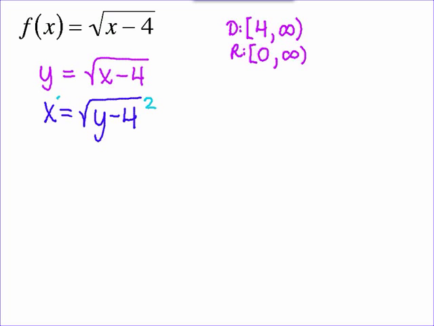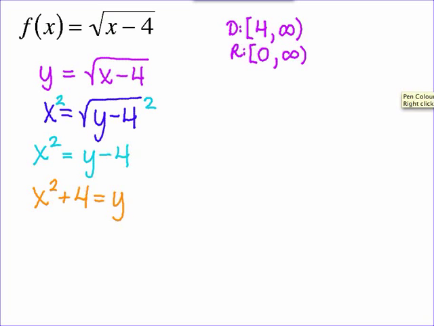Yep, square both sides first of all, so I get x squared equals y minus 4. What do you do now? Add 4 to both sides. So I get x squared plus 4 equals y. Very last step is to do what? Replace y with f inverse of x. So x squared plus 4 equals f inverse of x.